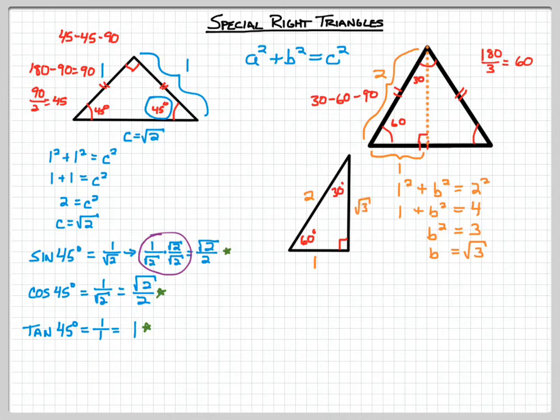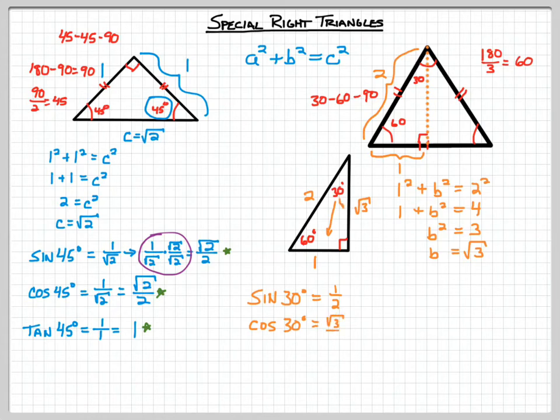So now, when we start looking at these relationships, let's start with sine of 30 degrees. Sine is opposite over hypotenuse. SohCahToa, opposite over hypotenuse. So we're going to go to the opposite side, 1 over 2, because the hypotenuse is 2. So there's our sine of 30 degrees. Cosine of 30 degrees, we're going to do adjacent over hypotenuse.